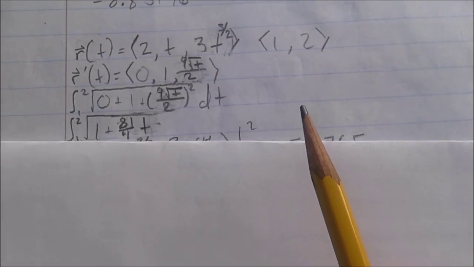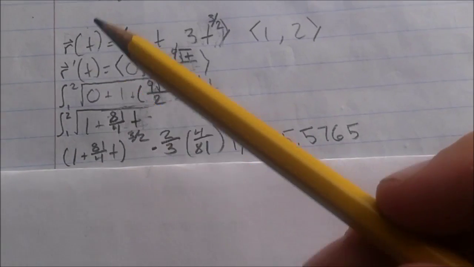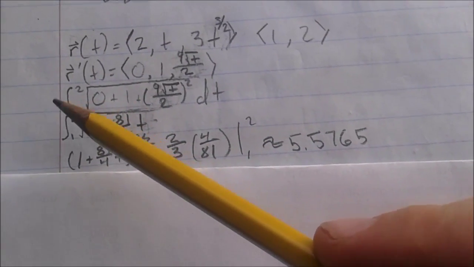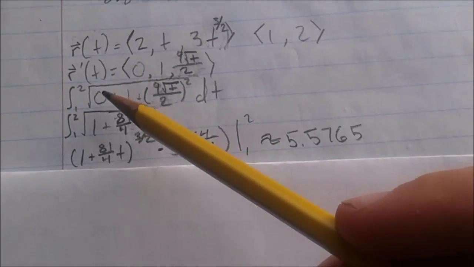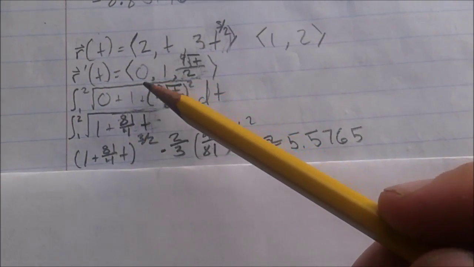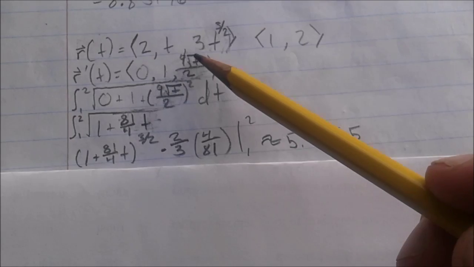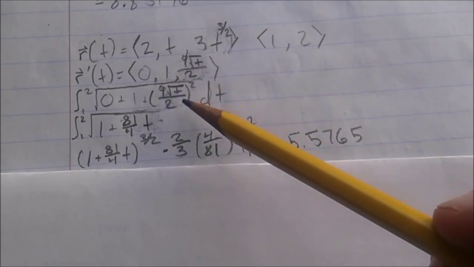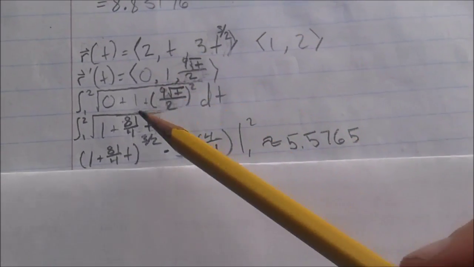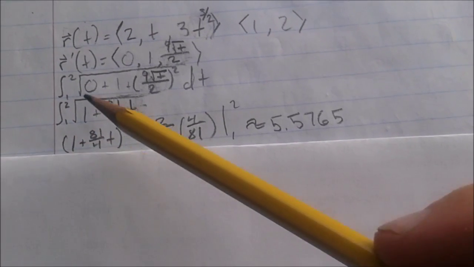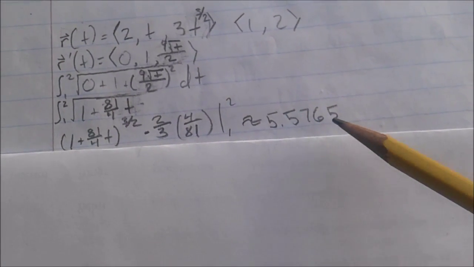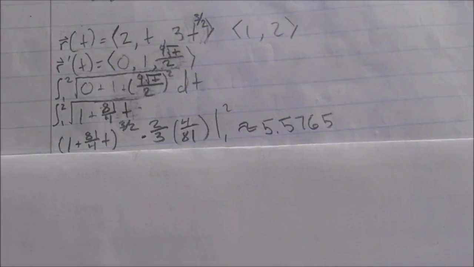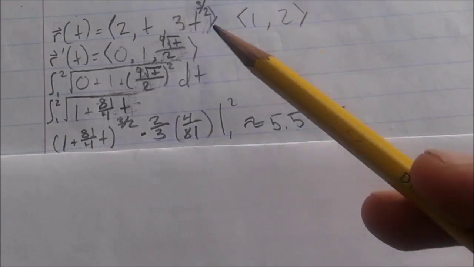Then we plug in the values, so it's the integral from 1 to 2 of the square root of 0 plus 1 plus (9 halves root t) all squared, dt, which will give you 5.5765 as the length of the vector.